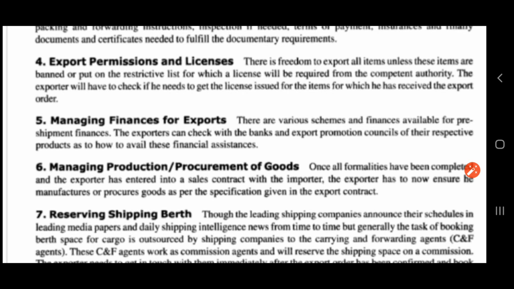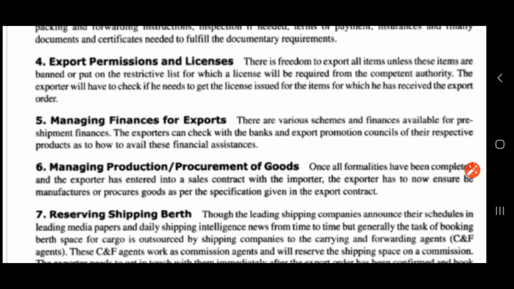So for few products, for few kinds of goods, the general agreement is fine, but for the products which are not mentioned in the authorized list, it will be difficult for the exporter to go with this process of getting the license.